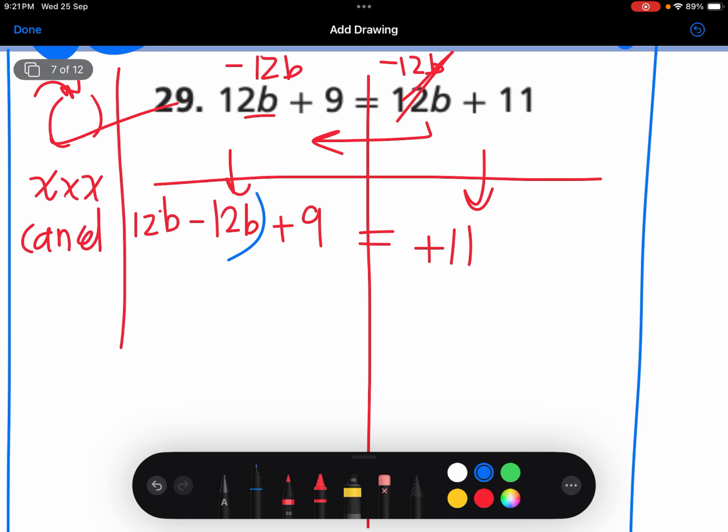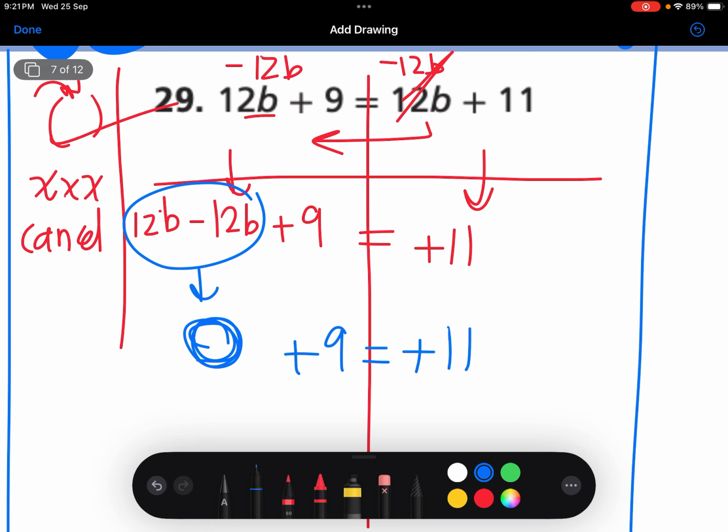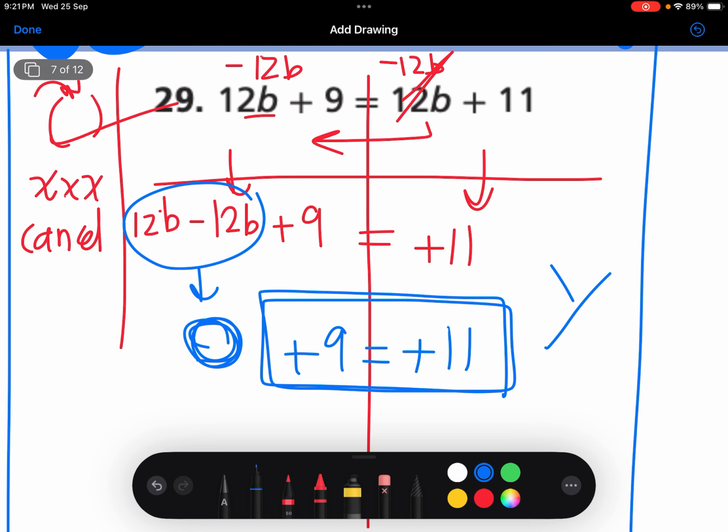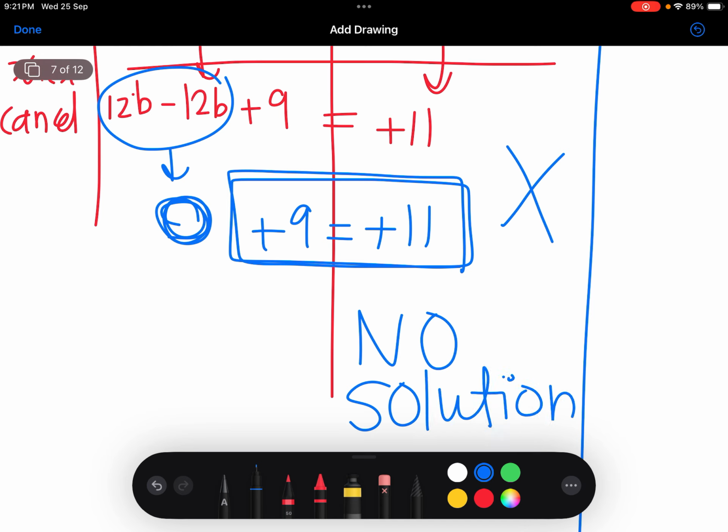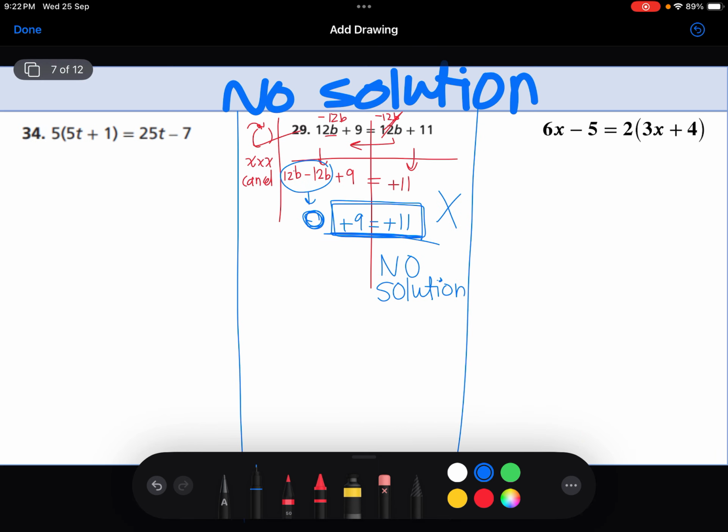Okay? 12b minus 12b is 0, right? Not 0b, it's 0 only. What do I have left? I have 9 equals 11. Is that correct? Is 9 equal to 11? No, it's not. Therefore, it's a no solution case. There is no solution for this equation because the statement is not correct. They are never equal to each other.